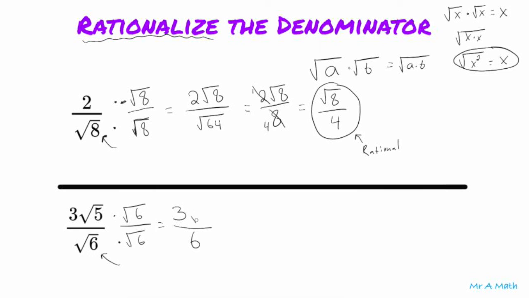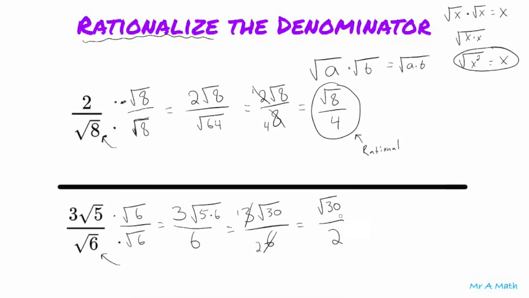And then the square root of 5 and the square root of 6 multiply together under the square root. So that leaves me with 3 times the square root of 30 over 6, which we can simplify further and say square root of 30 over 2. Again, because 3 and 6 will reduce down to 1 over 2.